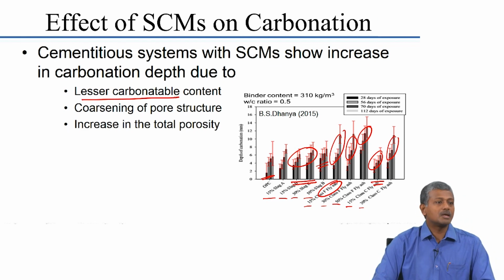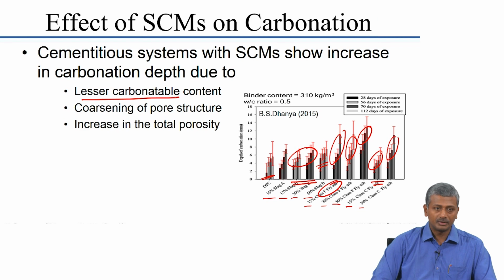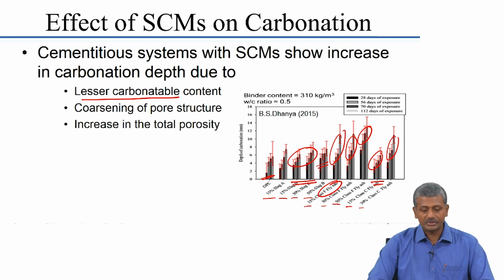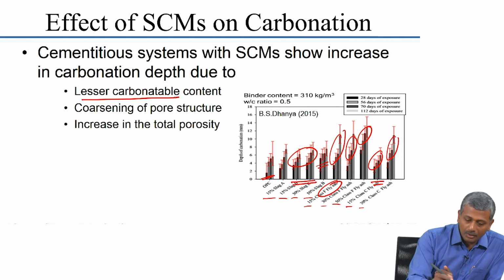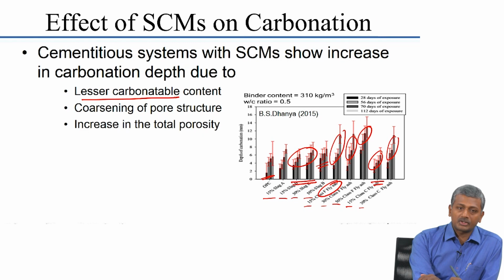That means you have reduced the amount of calcium bearing compounds in the system, because there is more silica infusion, you reduce calcium, you put more silica in the system. There is coarsening of the pore structure that happens due to the carbon dioxide penetration. Okay, I will talk about why that happens in just a minute, and that leads ultimately to an increase in total porosity. Now, why am I saying this? So, in normal cement, I told you that carbonation actually increases the strength of the concrete. Why?